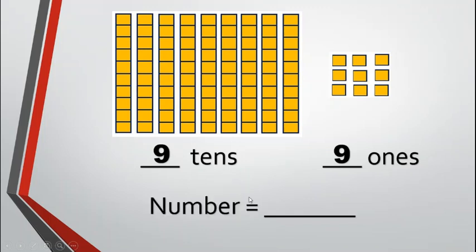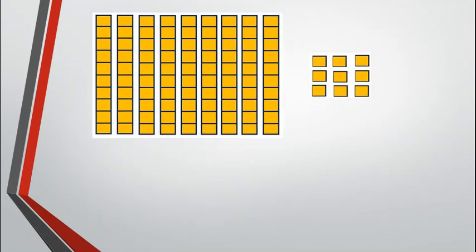So what would be the number we can form in 9 tens and 9 ones? Very good. We can form the number 99. Very good. So what if we add one block?